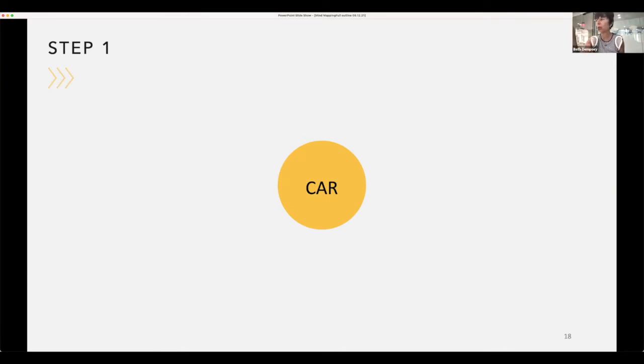Put all the things, in main just one words, of what you think you're going to need to know when you buy a car. Thirty seconds. Okay. Good.